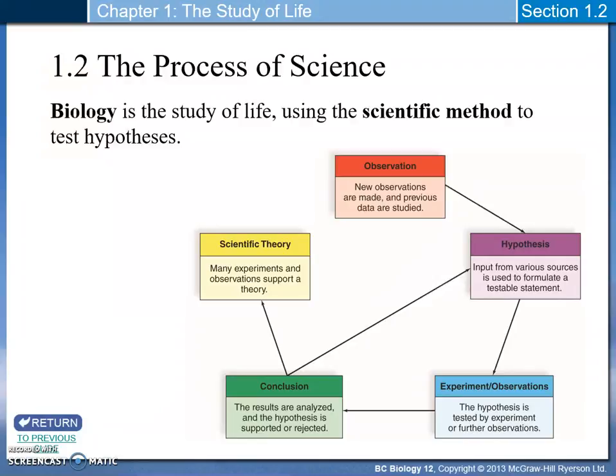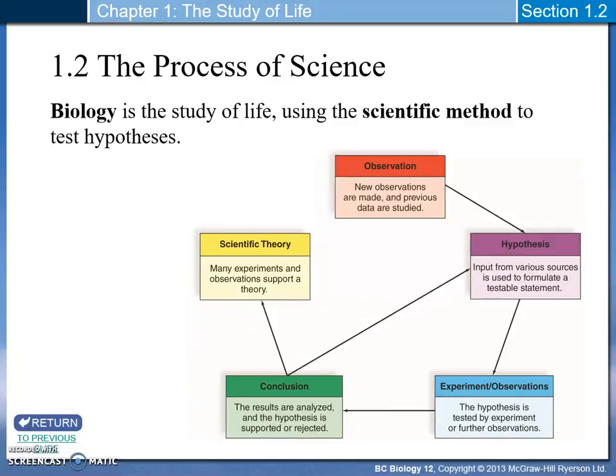Next, we'll look at the process of science, and biology then is the study of life, living things, and like any other science, biology uses the scientific method to test hypotheses.